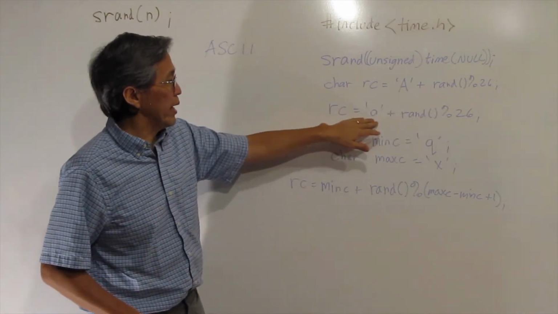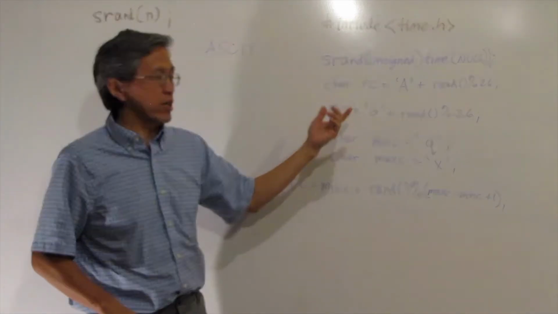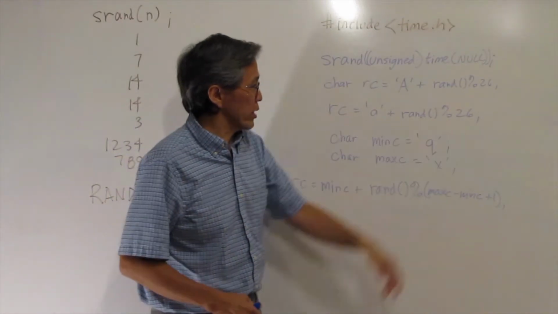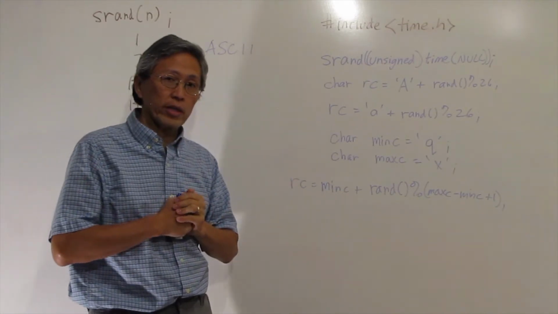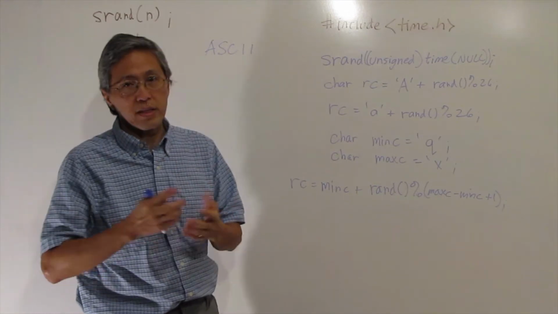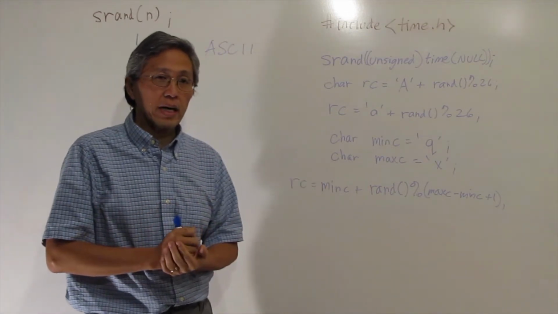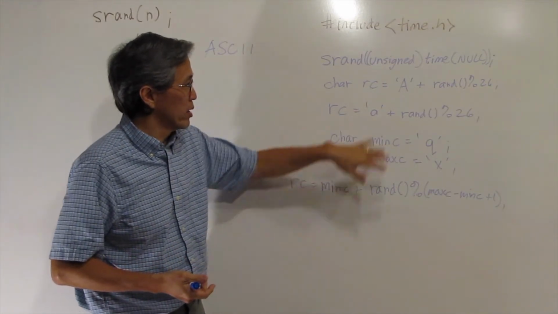If I do lowercase 'a' plus rand modulus 26, I can get any of the letters between lowercase a and lowercase z. There are other characters that you can get as well: the plus and minus and periods and commas and all those. 32 is the space. I just always remember that. Or you can do a single quote with a space in there.